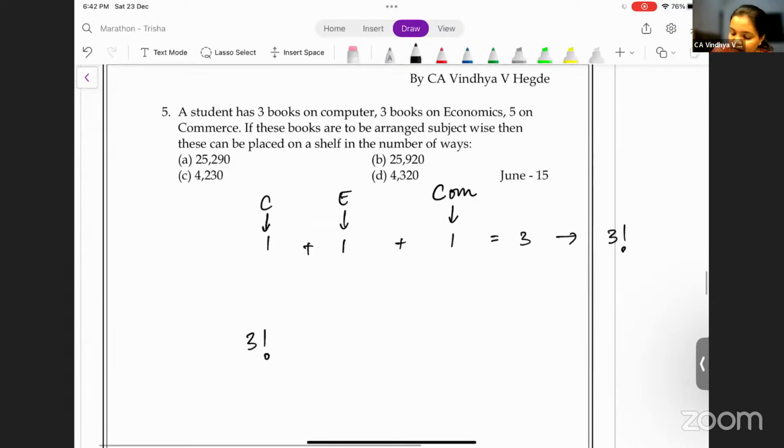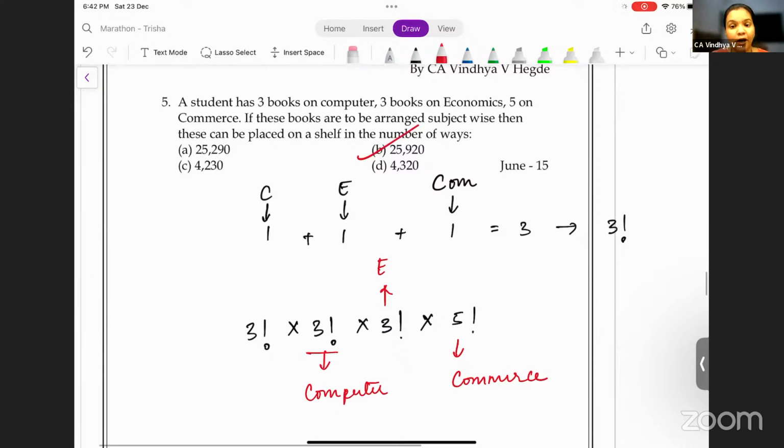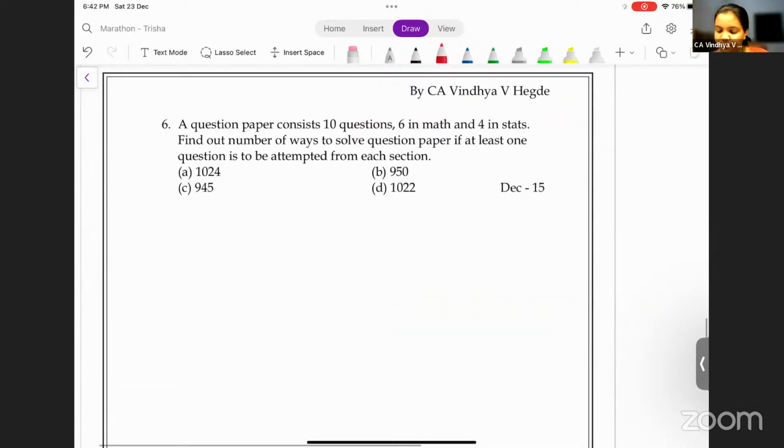So the final answer is 3 factorial into 3 factorial into 3 factorial into 5 factorial, because this is arranging computer books. This is arranging economics books, and this is arranging the commerce books. Okay, I hope this is clear. 6 into 6 into 6 into 120. That is 25,920 is your answer. Next.